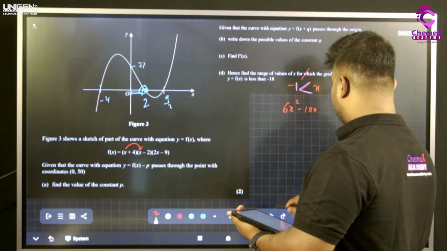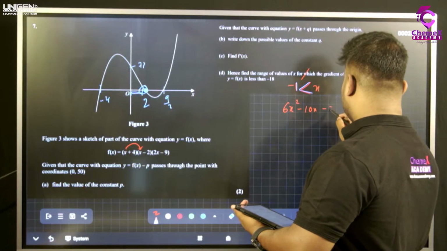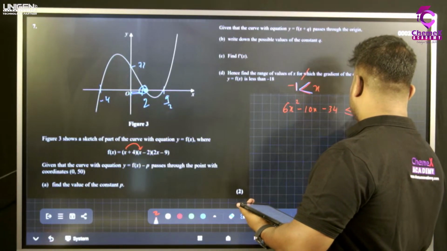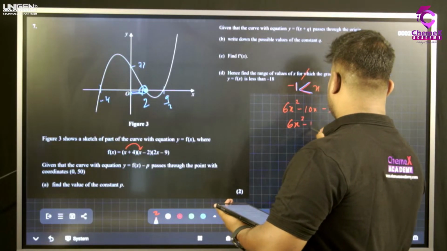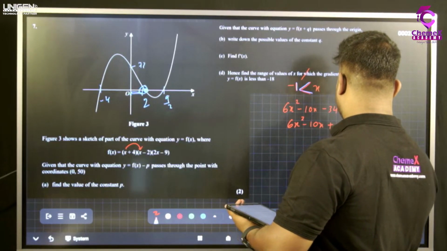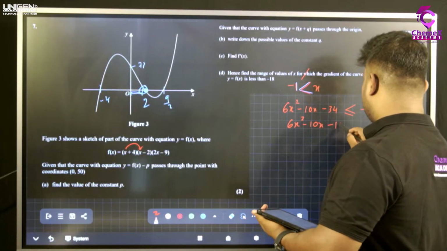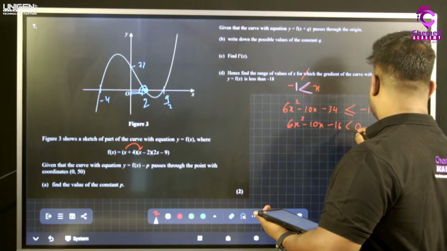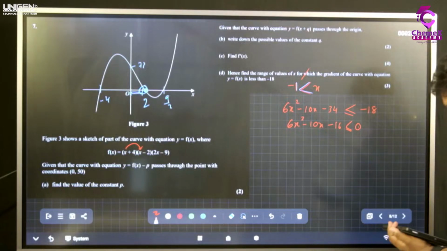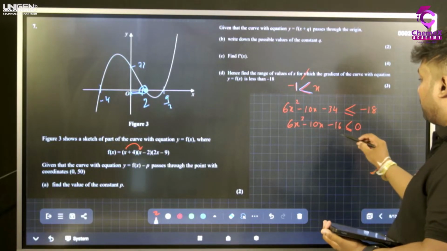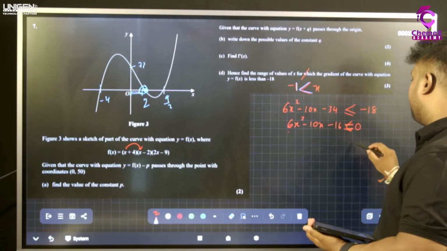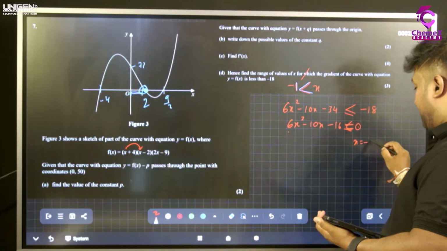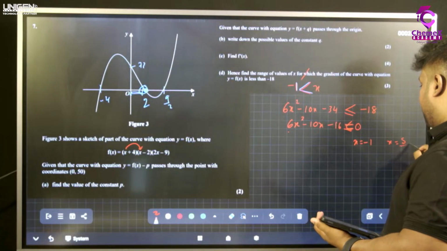The equation had minus 34, and they say it should be less than minus 18, so 6x squared minus 10x minus 16. When you solve this, when you put it equal to 0 and solve it, what do you get? X equals minus 1 and x equals 8 over 3.